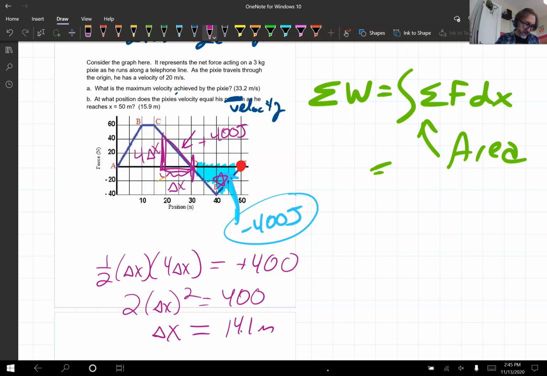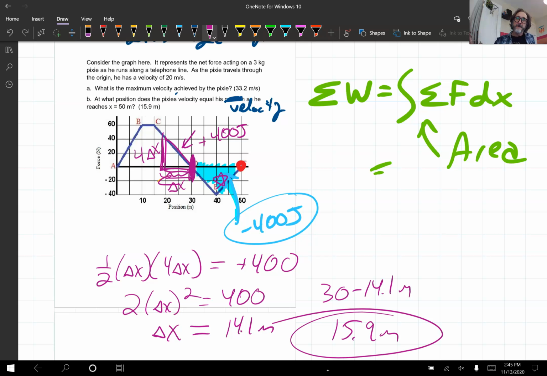So what that means then is if this is a position of 30, and I go back 14.1 meters, looks like 15.9 meters is going to be my final answer there. Okay? That's a tricky one, because that area there is a triangle. That one was definitely challenging.